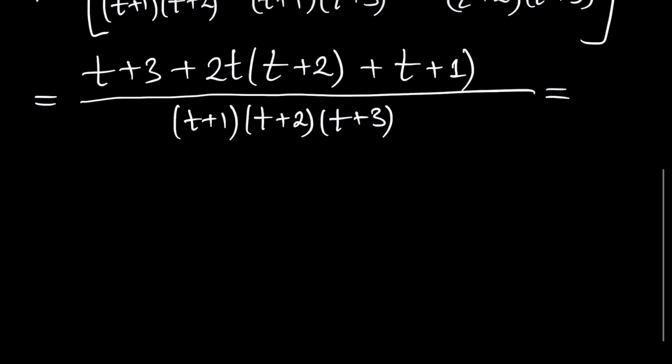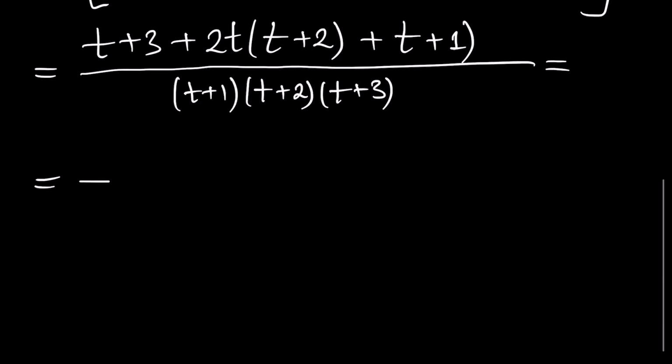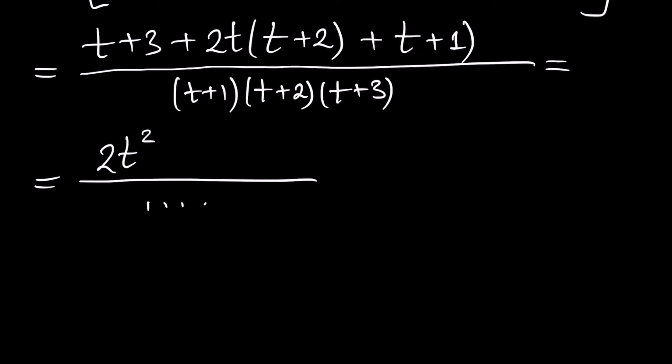is equal to, with the denominator the same. We just rewrite it, combining like terms. So it will be 2t squared plus 6t plus 4.